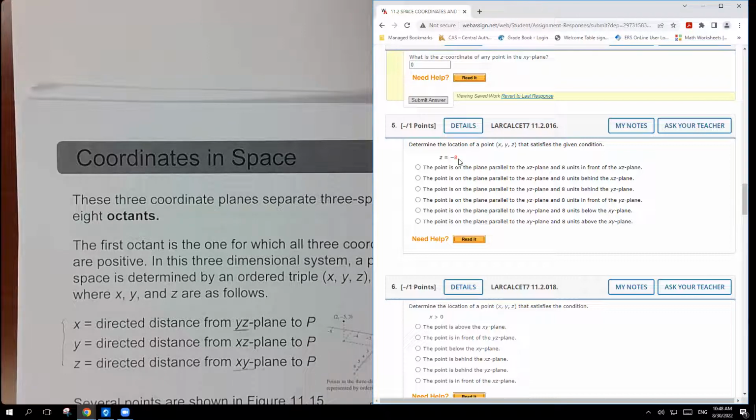The XY plane. In the front or behind? Up or below? It'd be below. So which option? You see the point is on the plane parallel to the XY plane and A units above. You have to choose the value.